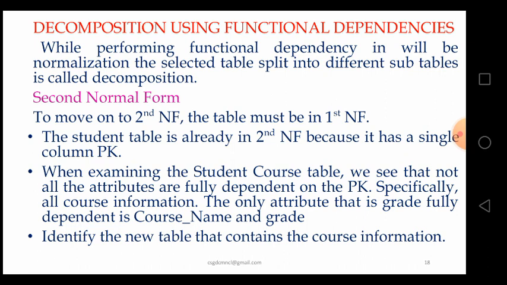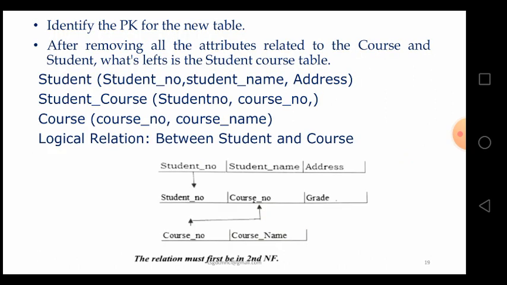The only attributes that are fully dependent are course name and grade. Identify the new table that contains the course information. These are the main objectives of second normal form. Identify the primary key for the new table.